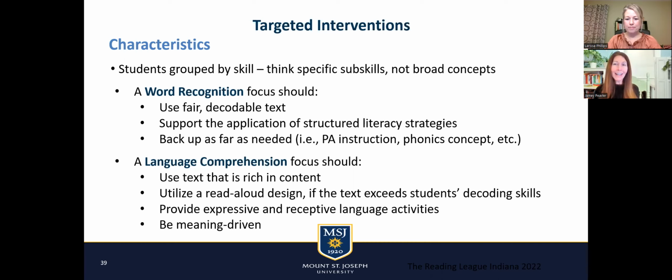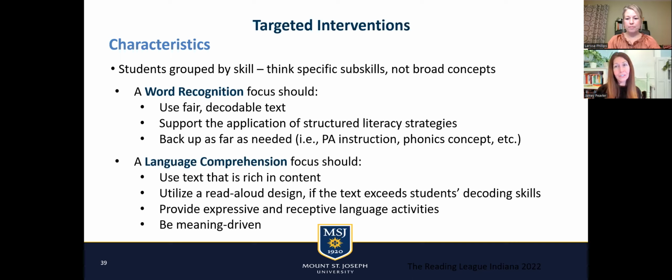Decodable text is a natural interleaving opportunity, because I have to be able to come back and decode a word that's in my wheelhouse of cumulative review, and that's different than reading a pattern-based word list. So some things to think about. Make sure that the instruction you're providing aligns to evidence-based practices for structured literacy. And then don't forget that you may need to back up a little bit to move forward.